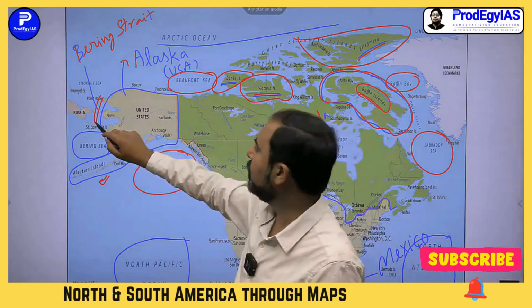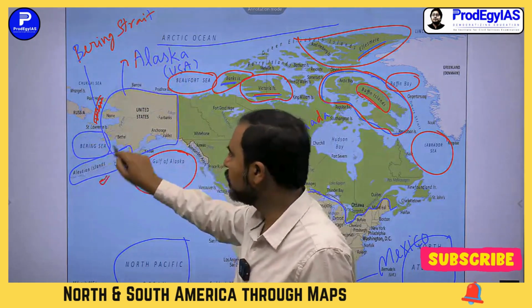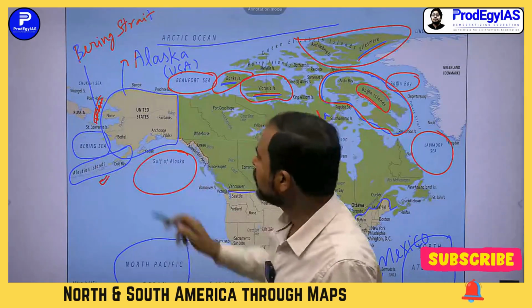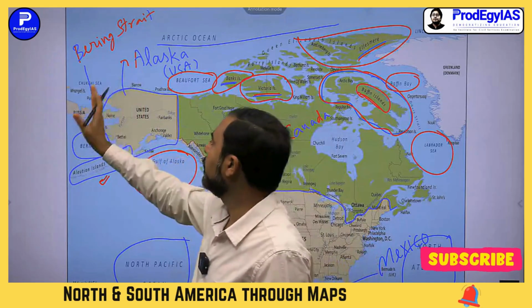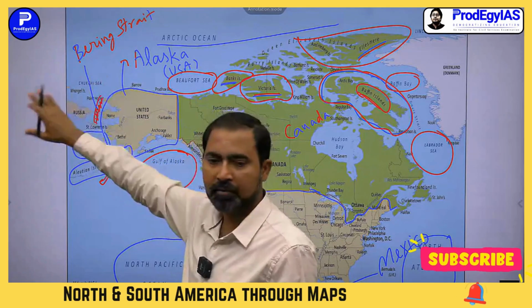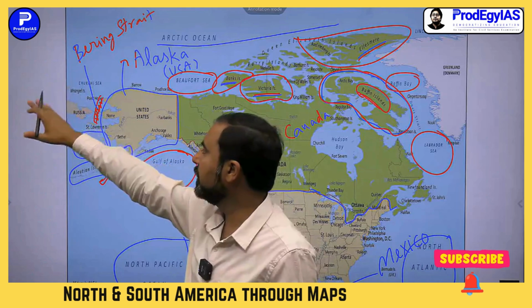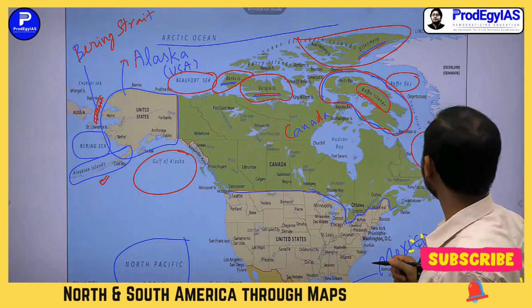This is a narrow zone of water. So this is known as Bering Strait, and just below that is the Bering Sea, and just south of that are the Aleutian Islands. So Bering Strait is the channel which separates Russia, you can say the Asian part, from the American continent, right?